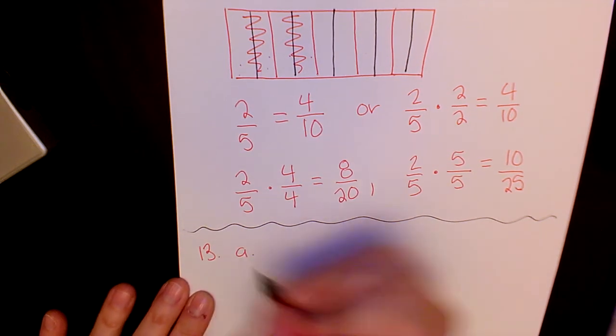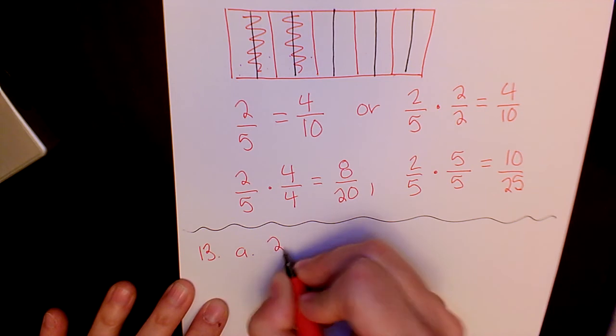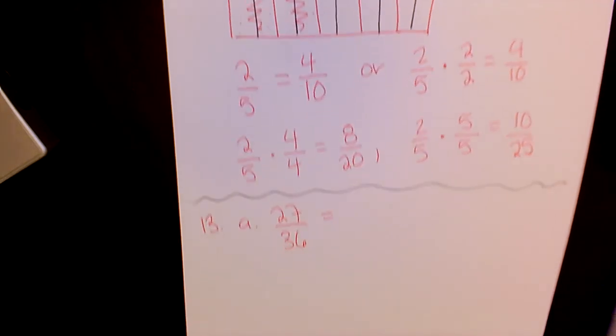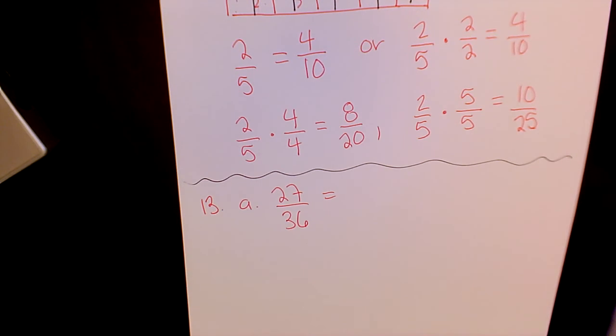13, I want to reduce these fractions. So 27 over 36. So again, we want to find some factors of 27 and find some factors of 36. So what are some factors of 27? Let's see. I believe 3 is going to go in.